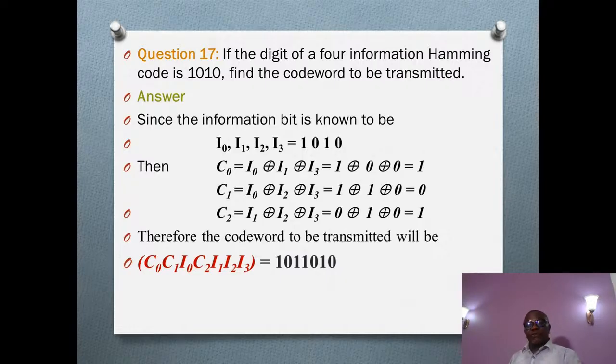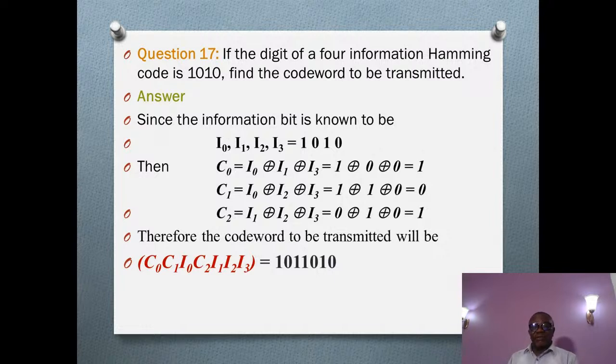In the real sense, if you transmit this bit 1011010, and along the line there is an error in one of them, probably due to degradation, interference, or whatever, and one of these bits, let's say the last one, which is 0, is received in error as 1 in the receiver, the system will automatically identify that that bit, which is the least significant bit of that 1011010, is received in error.